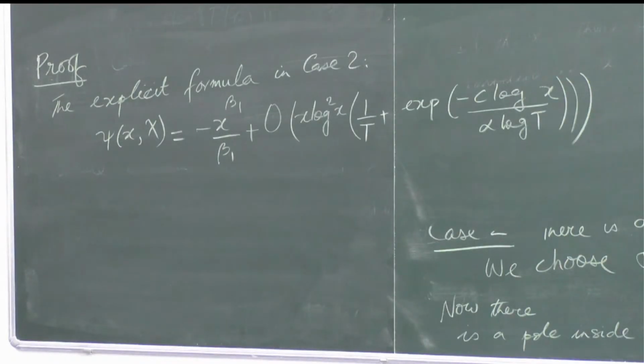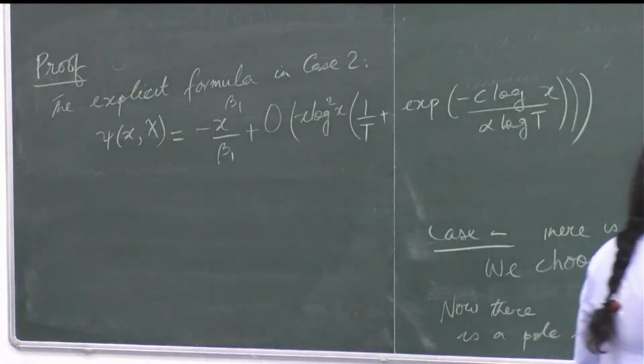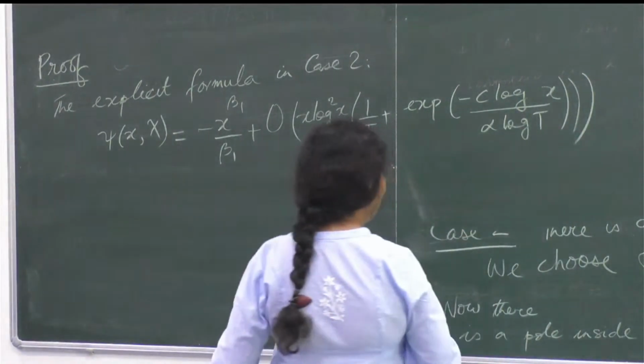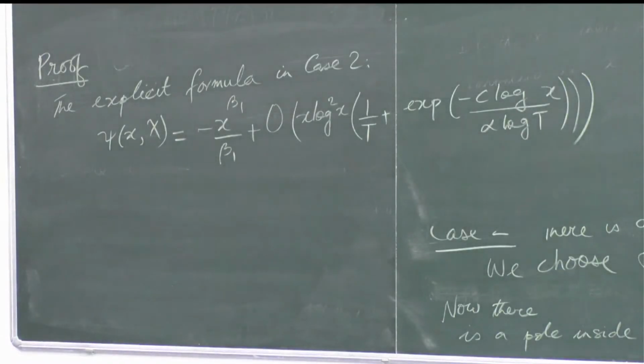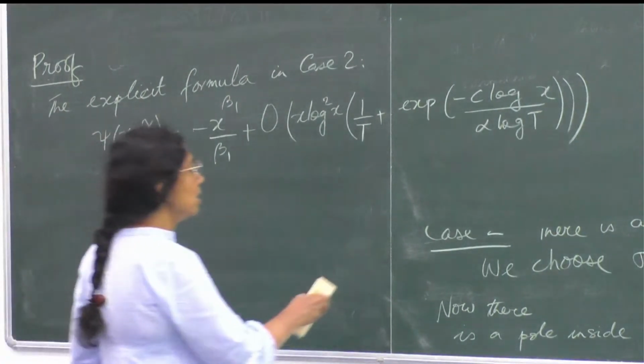This is a subcase of exceptional 0. And the rest of the cases is the complement of this, which is beta 1 this time, it should be less than, yeah? So case 3 will be, there is an exceptional 0.